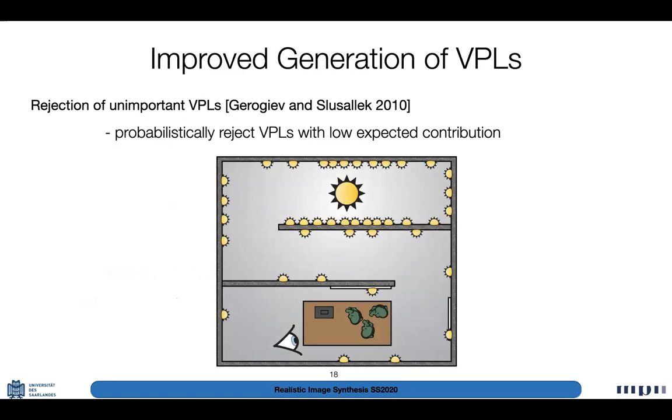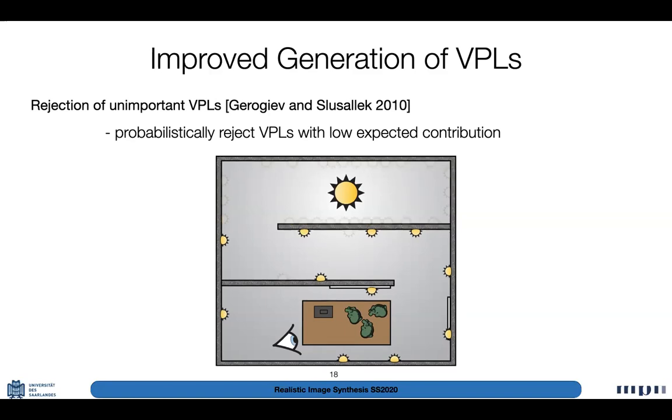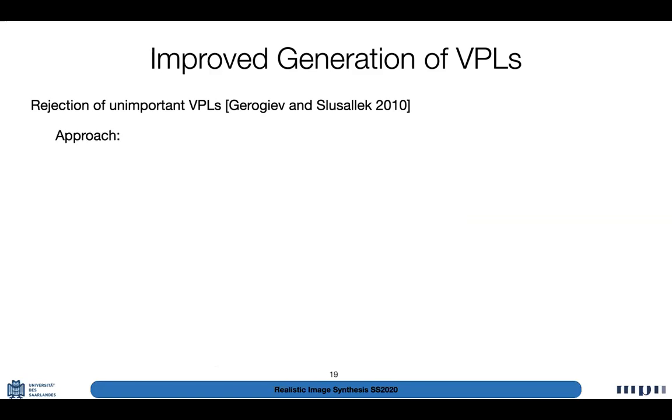You probabilistically reject VPLs where there is low expectation of contribution. For example, in this scene, the generated VPLs are quite dense in the region where the light source is in the room, and in other places they're not that dense. Probabilistically, you reject all the VPLs which you somehow get to know will not contribute much to the illumination.